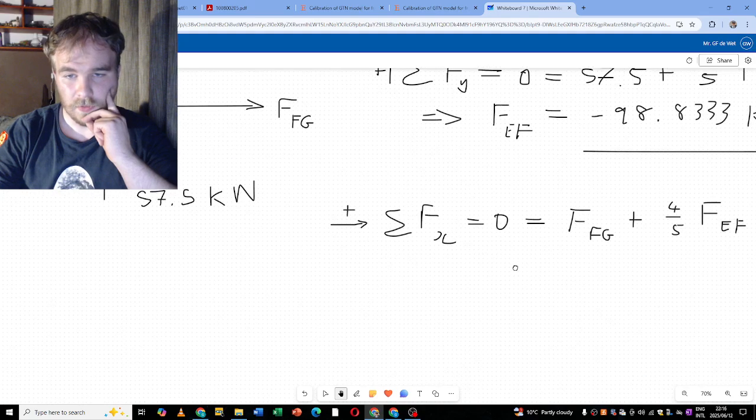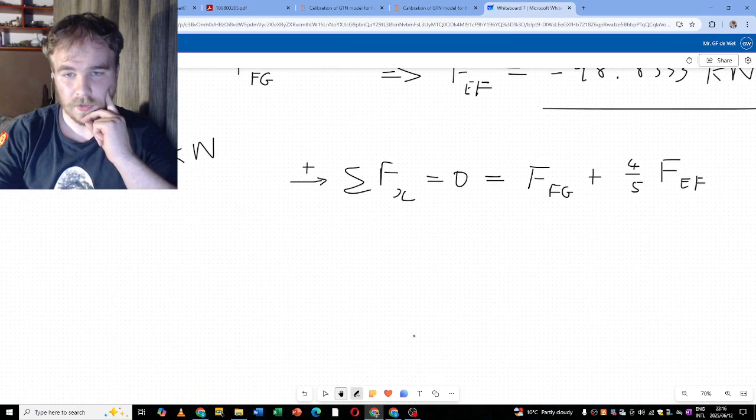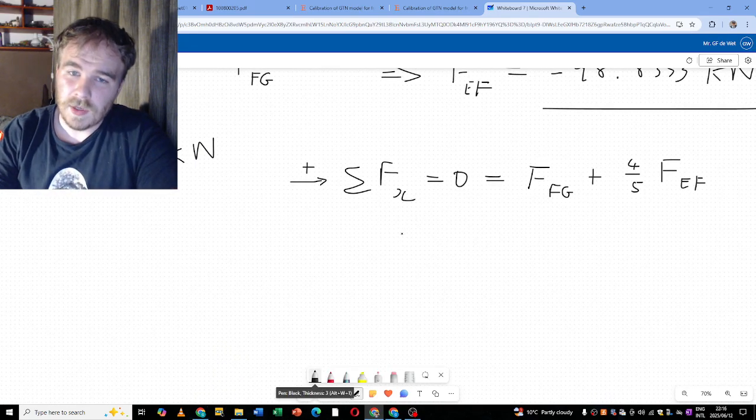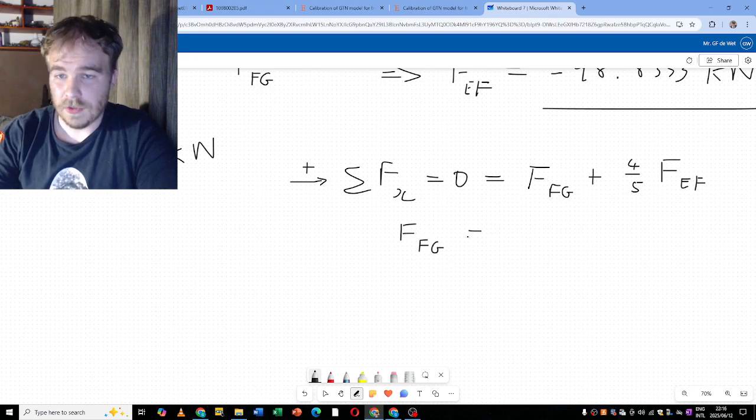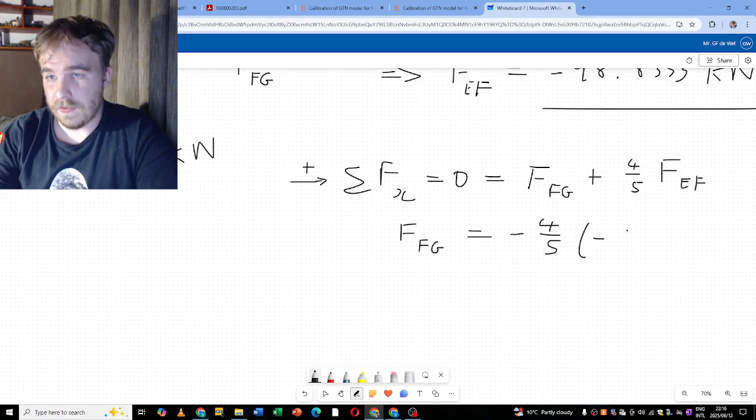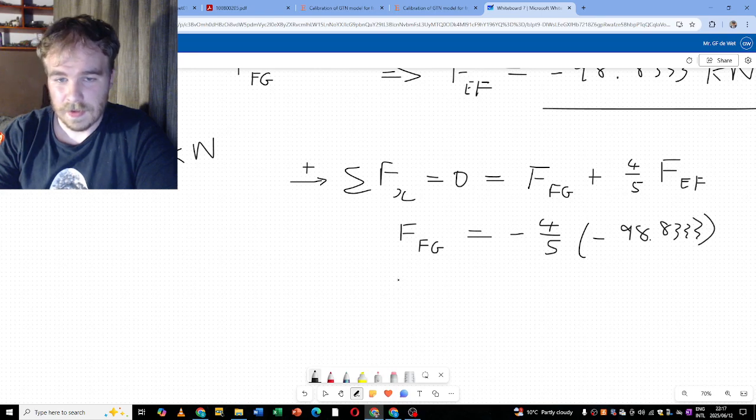And we can rewrite this equation a bit, and we get that FG is going to be equal to negative 4 over 5 times negative 98.8333.